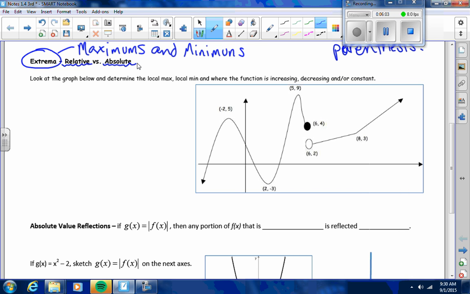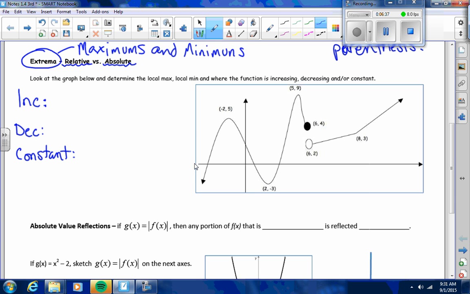Okay? So let's look at this graph that we're given, and we are going to find where it is increasing, decreasing, and where it's constant. And then we're going to find maximums and minimums. So let's first start with increasing, decreasing, and constant. We read the graph left to right, and it's always in terms of the x values.